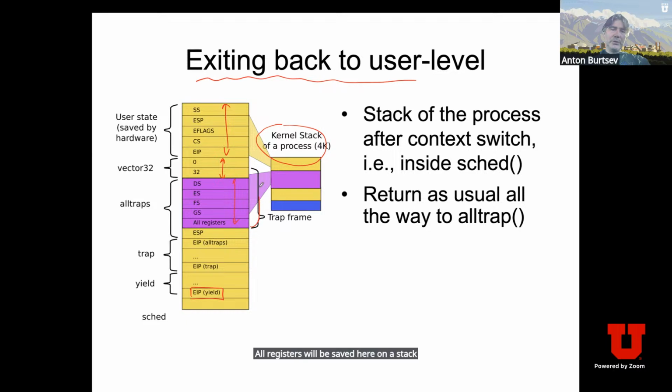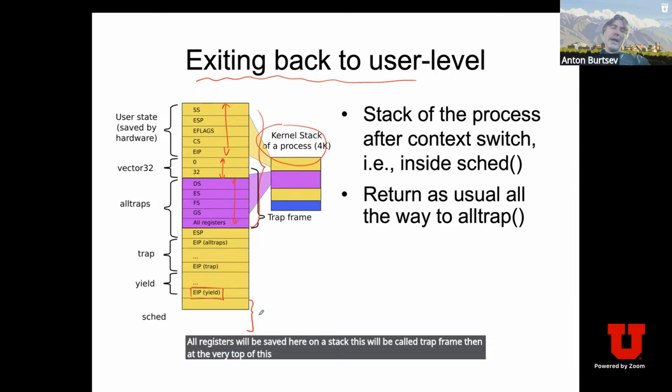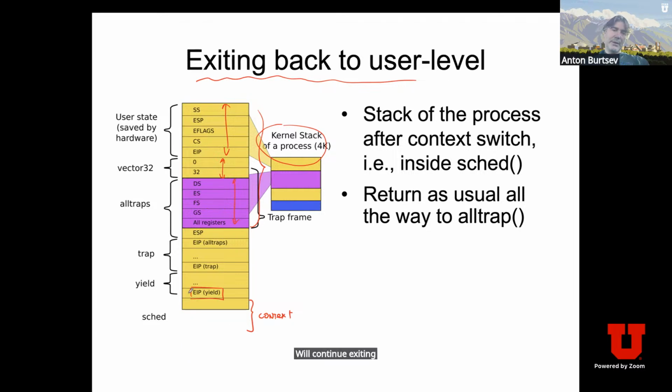This will be called the trap frame. Then at the very top of this stack, there will be something called a context. So if we ever switch back to this process, we will continue exiting through the return addresses.